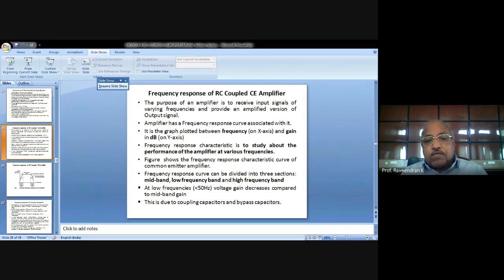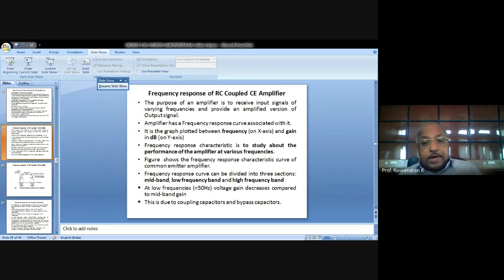What is meant by roll-off in a voltage amplifier, or what is meant by roll-off in an audio amplifier? The roll-off frequency is actually the frequency at which the amplifier gain varies. That is happening in two conditions: whether the low frequency range is less than 50 hertz, or the high frequency range is greater than 30 kilohertz.